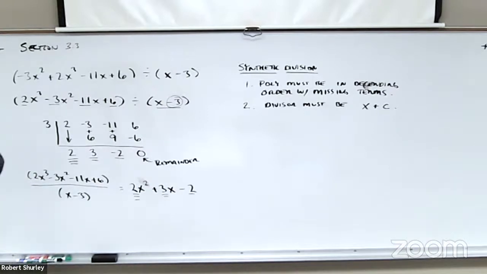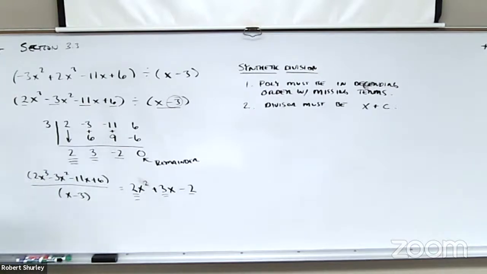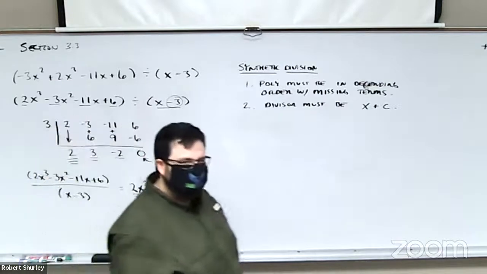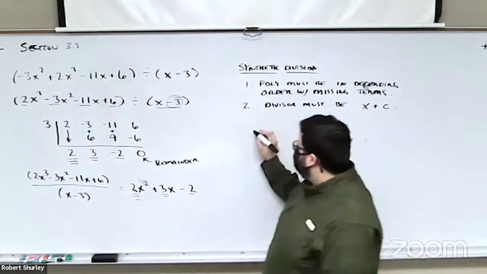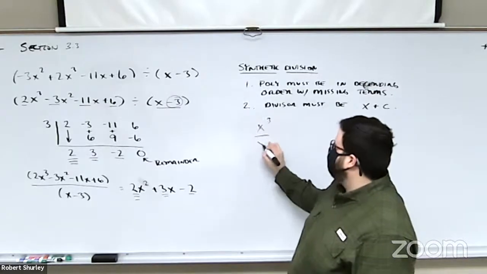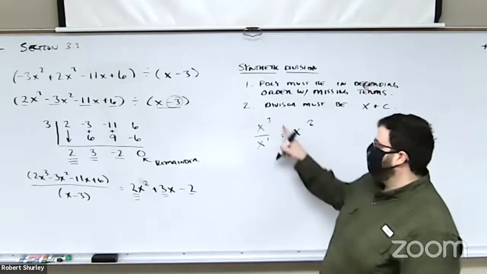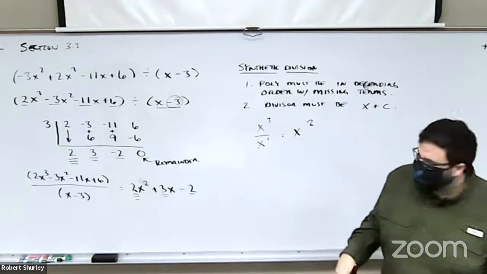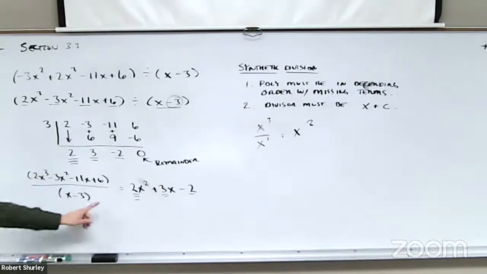Another thing that is interesting, something to keep in mind when you're doing this, is remember when you divide exponents, you subtract the exponents? Like if it was x cubed over x, and you were simplifying it, this would be x squared because it's 3 minus 1. Well, it turns out to be true with the degrees of polynomials as well.